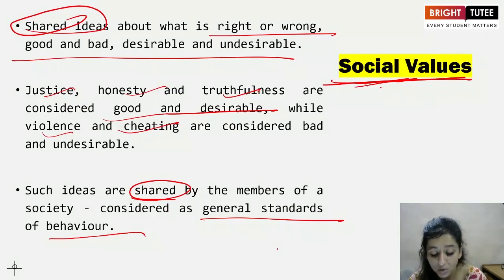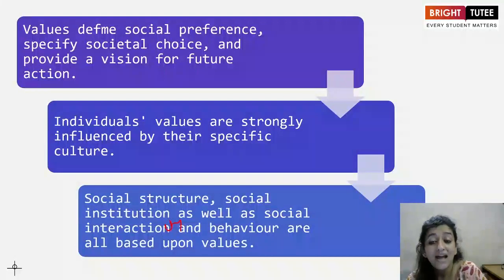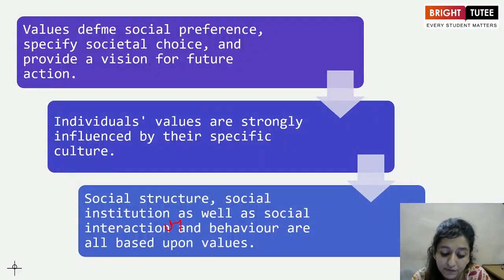Those are again the shared ideas and the general standards of behavior in the society. So values define social preference, specify societal choice, and provide a vision of future action. Values basically define the social preference.